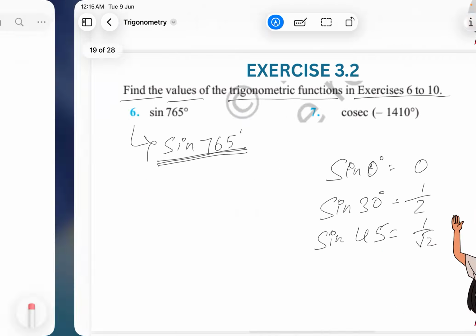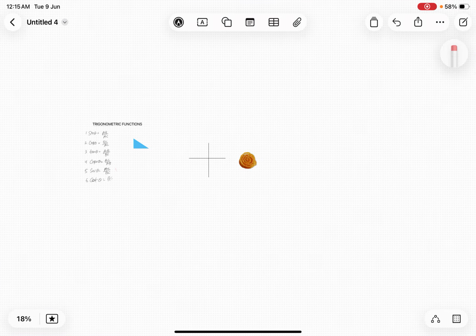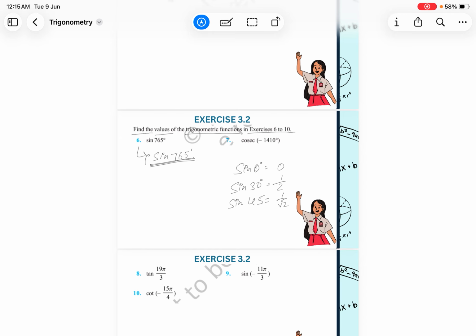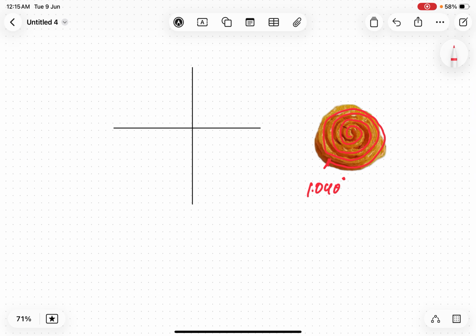Just to explain, let me open the figure here. Look at this spiral. It starts from here and completes 360 degree, then it will complete 720, and so on. Suppose here it's 1040 degree. Now we have the question sine 765 degree.